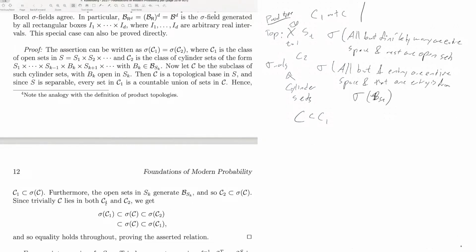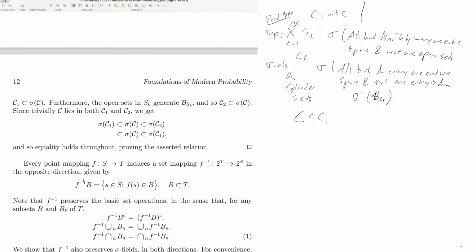Generally, C lies in both of these. That's a weird proof. So basically, we show that we can take an element of each of these bases for the different types of space and show that we can get the element of the other one. Somehow, I feel like this should be able to be written more clearly, but whatever. Okay, moving on.